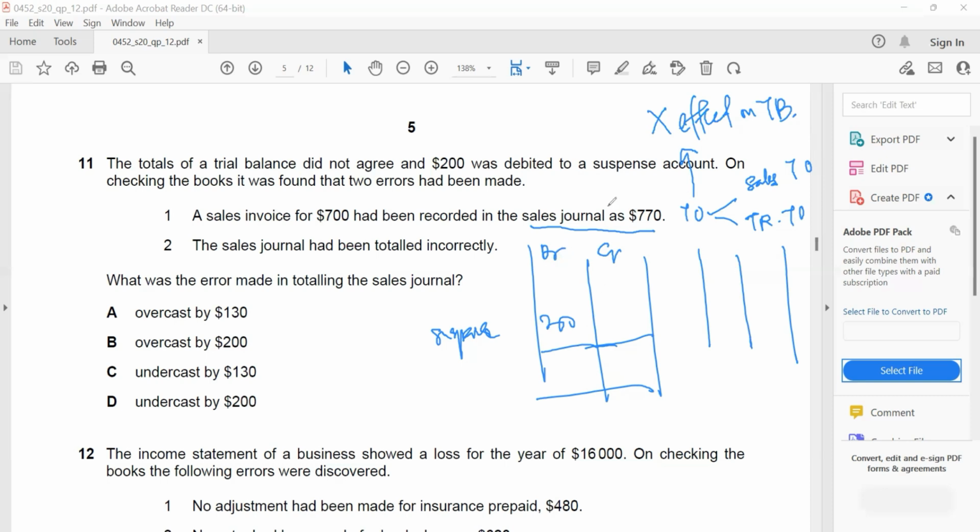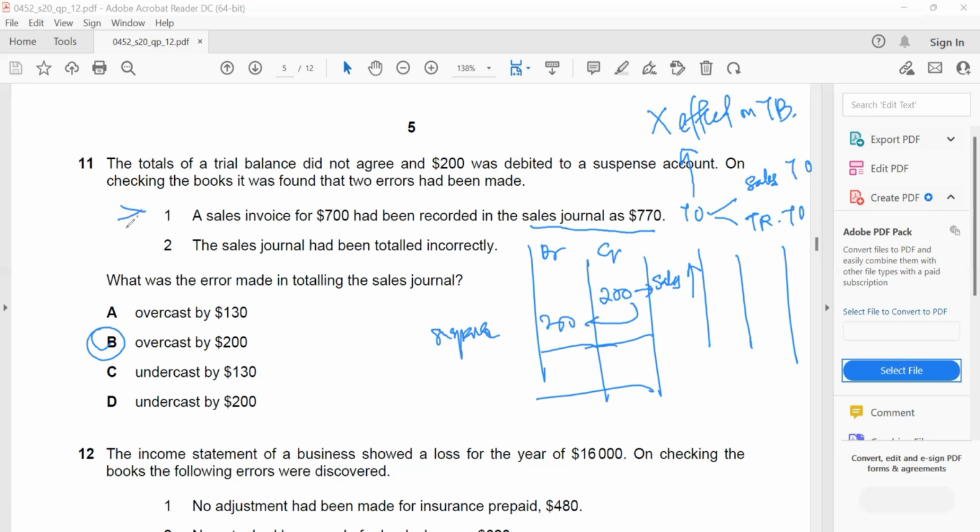Since this has no effect, only the sales journal is affected, which means our sales journal amount, the sales account total bottom line, is what causes the effect of 200. So here credit means that sales is overstated by 200. So the answer should be B.